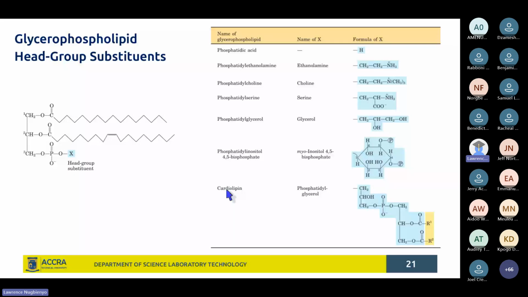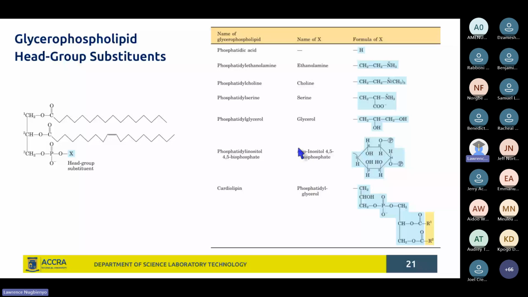Now all these structures, you come across them carrying out various functions in the cell. For instance, you have choline, let's say phosphatidylcholine, and phosphatidylethanolamine acting as some neurotransmitters. So you find them more in the nervous system.